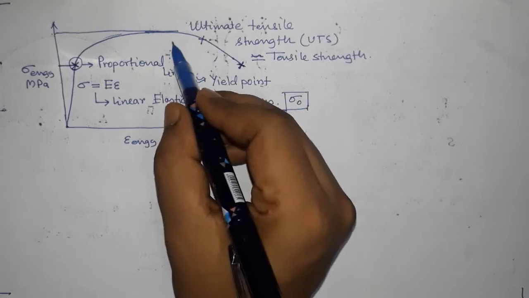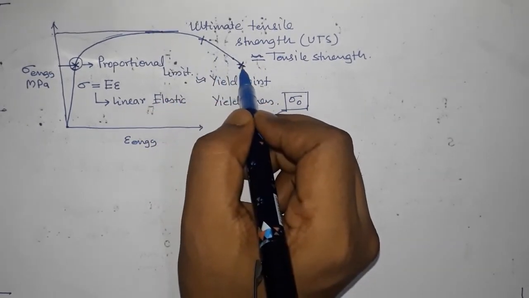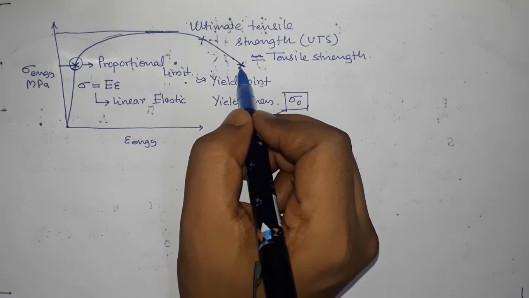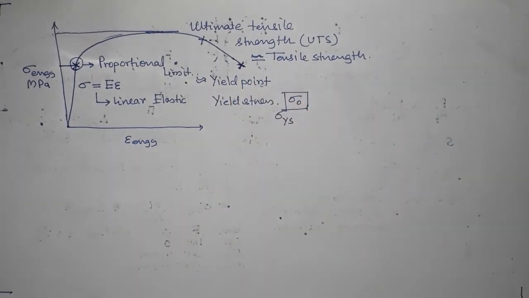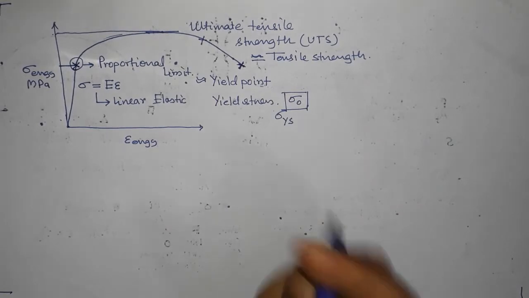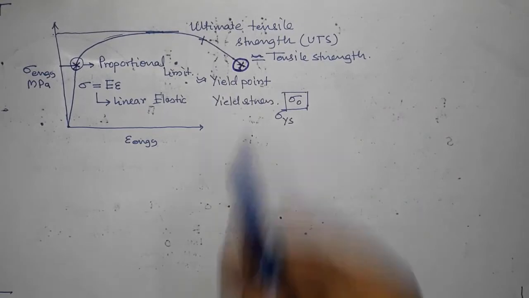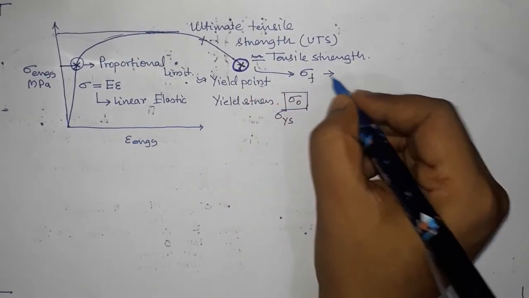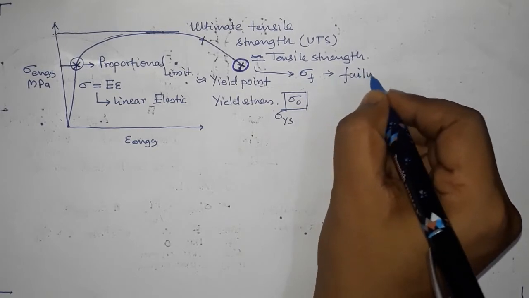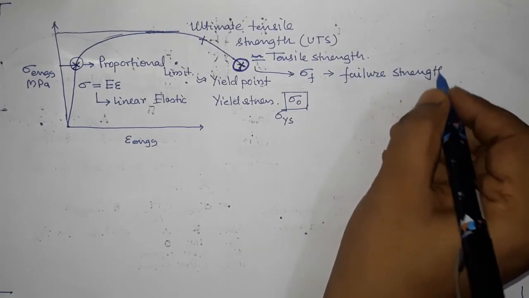So it will start decreasing, and then there will be a final value of stress at which the specimen breaks into two, and this part is called sigma f, or failure strength of material.